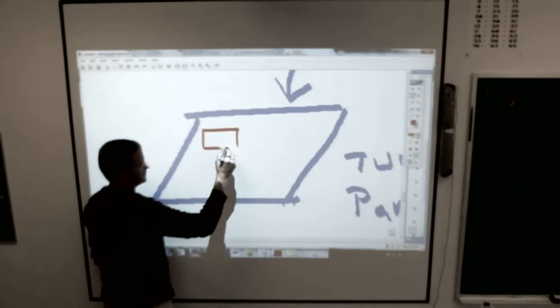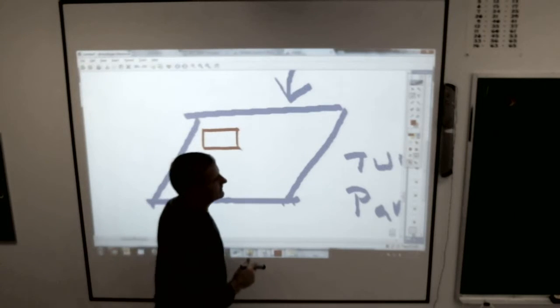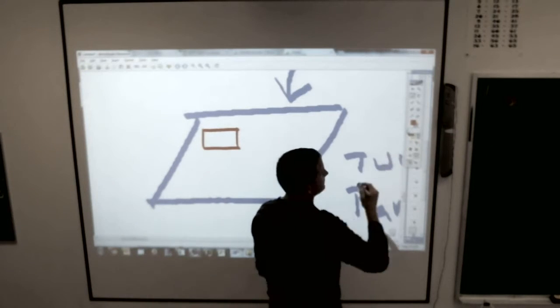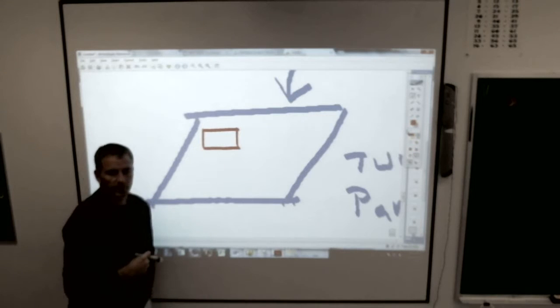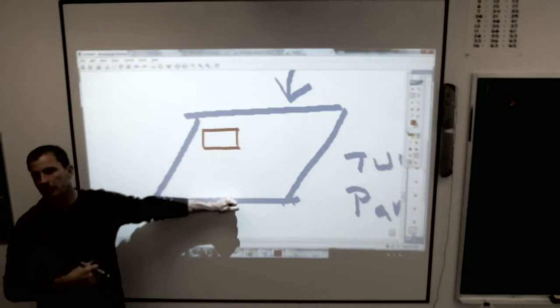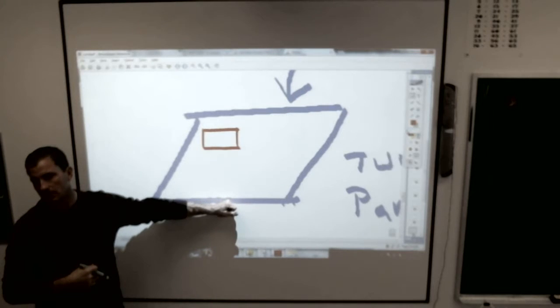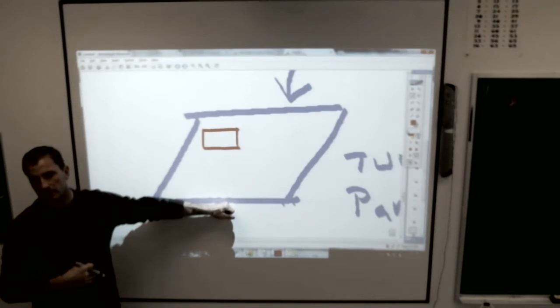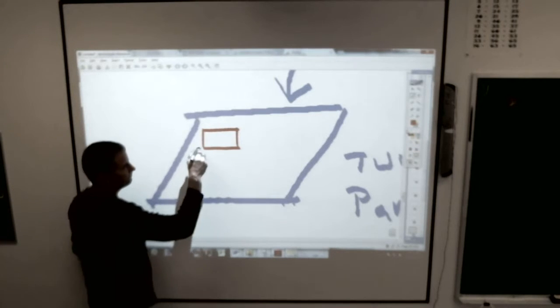Again, math is a specific thing here. What is the exact definition of a rectangle? Anybody? You have to start by saying it's a parallelogram with what? Four sides. No, that would be anything that has four sides. Four equal sides?